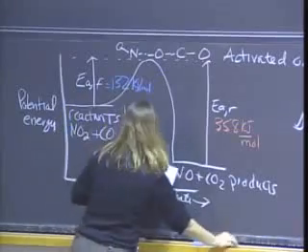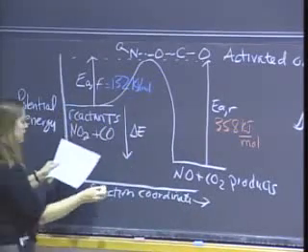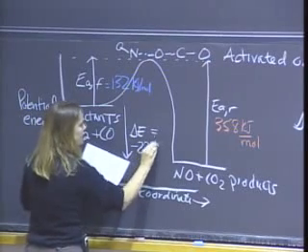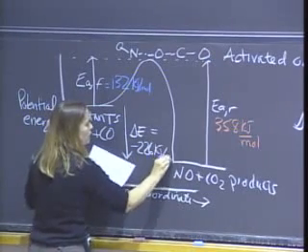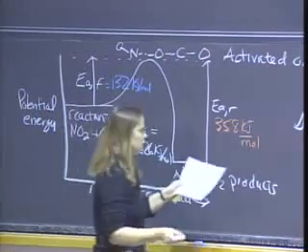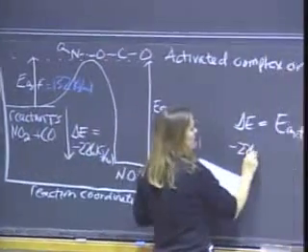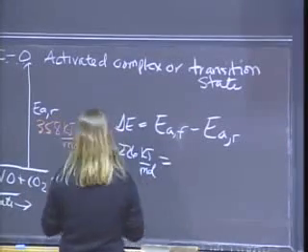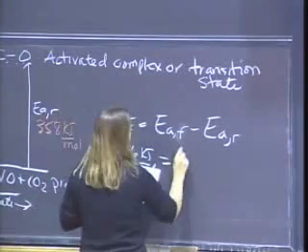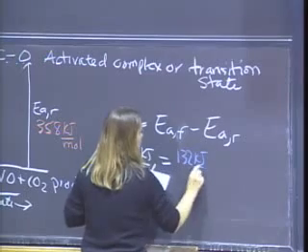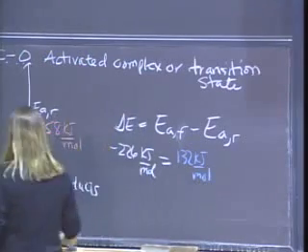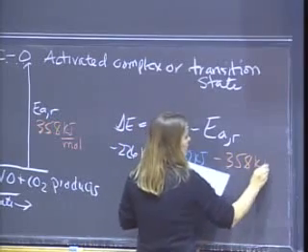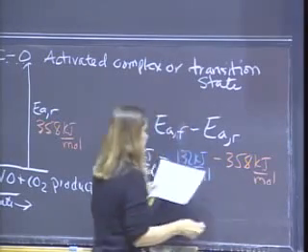And our overall delta E value is going to be minus 226 kilojoules per mole. So minus 226 kilojoules per mole is going to be equal to the 132 kilojoules per mole minus the 358 kilojoules per mole.